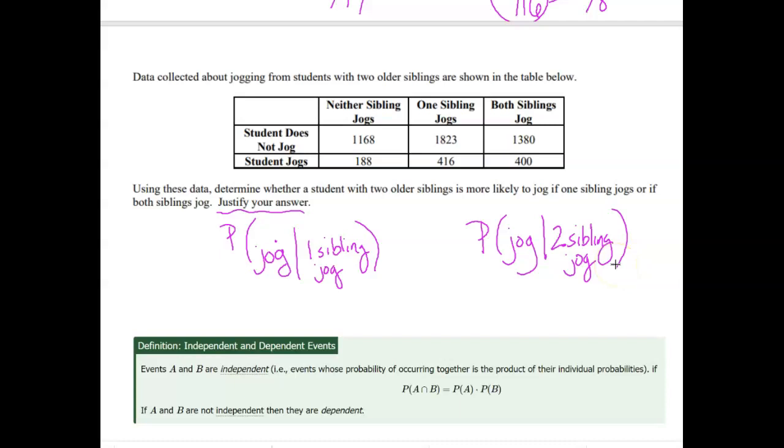Okay, so how many, if we jog, we've got given one sibling jogs. So I get 416 out of one sibling jog. So I need to add those together.